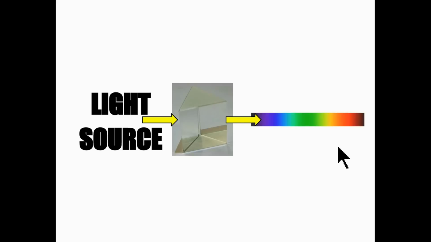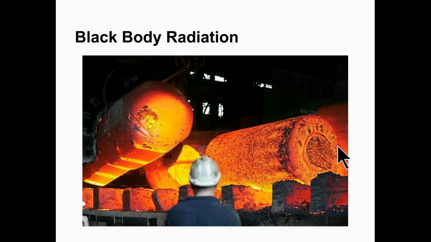We analyze light from light sources in the sky by splitting that light using a prism or gradient and then measuring how much of the continuous spectrum, the rainbow, is visible, measuring that light's wavelength, and also measuring the intensity of that light, or luminosity. This is the measurement of black body radiation. Any object that is heated will produce light.